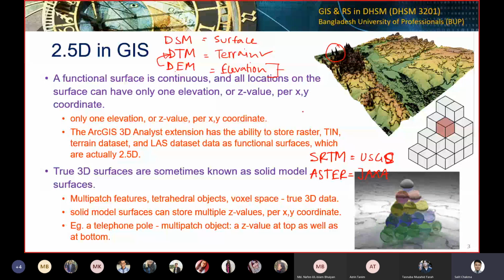So all of them are superficial data and they represent the surface. I will point out quickly, if you look at this place, you will realize that it went like this. Why? Because it's only representing the surface. In fact, if you look into this region now, the same thing is happening.